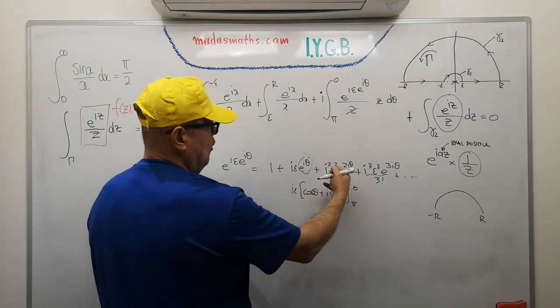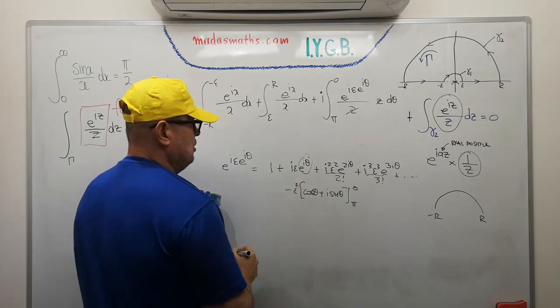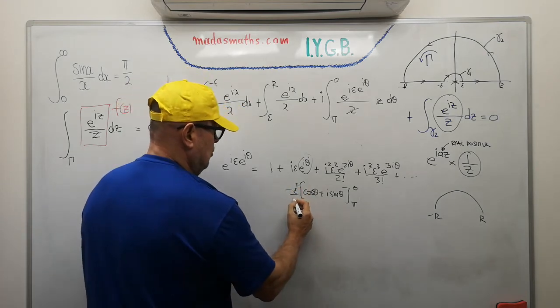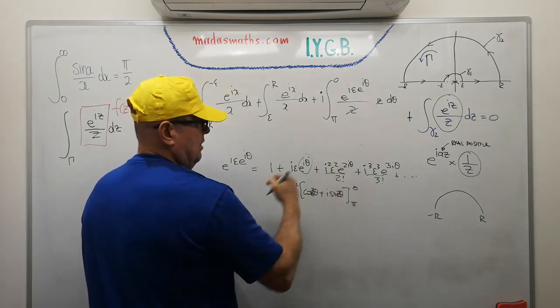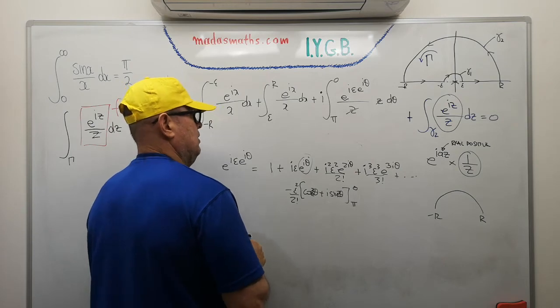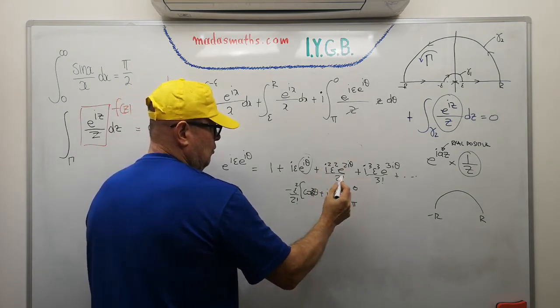Similarly, for the next term, you're going to have a minus 1, that's from the i squared. You're going to have epsilon squared. You're going to have a 2 factorial, who cares? And this is going to be 2 theta from the e to the 2i theta. But again, this bit's pi and 0, goodbye.